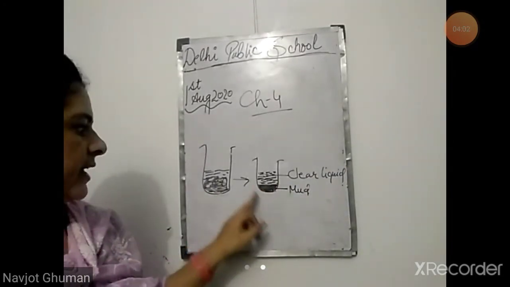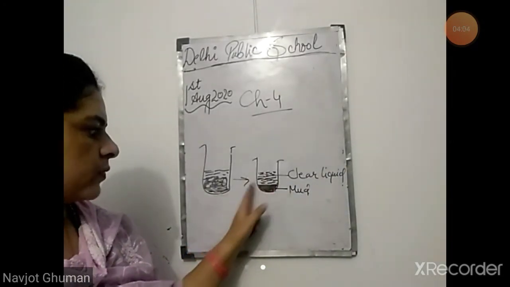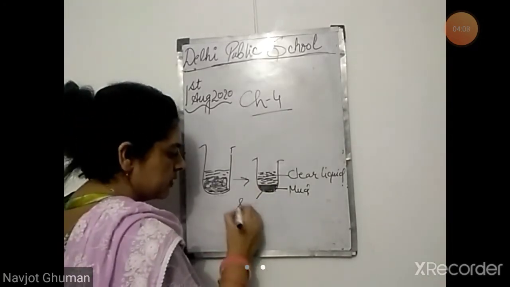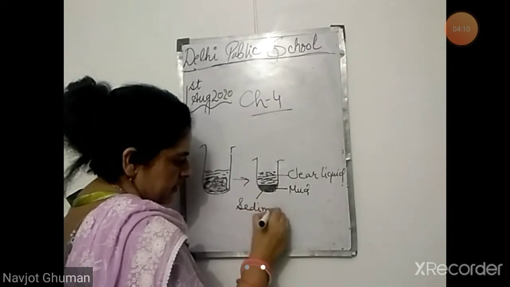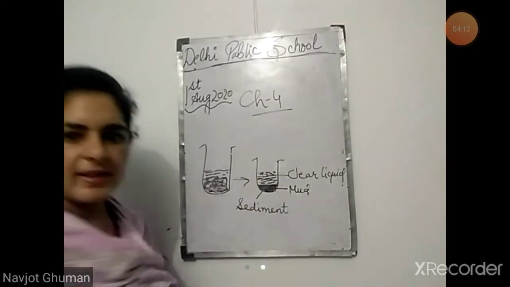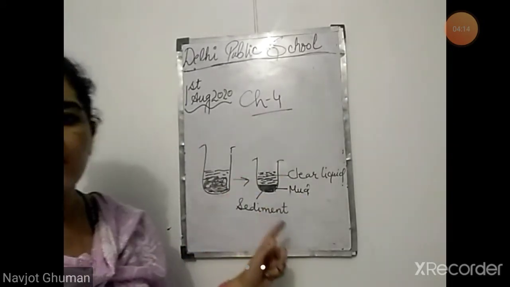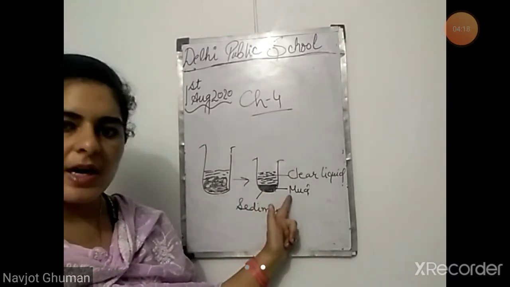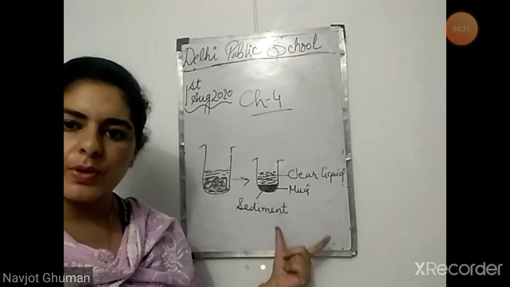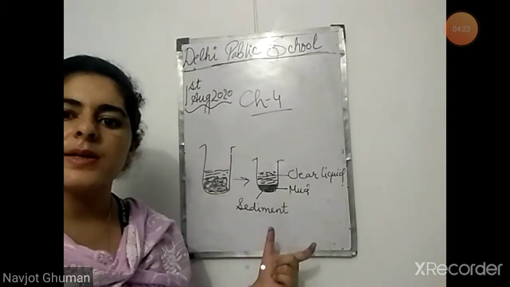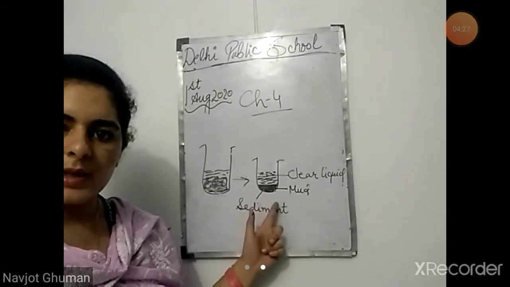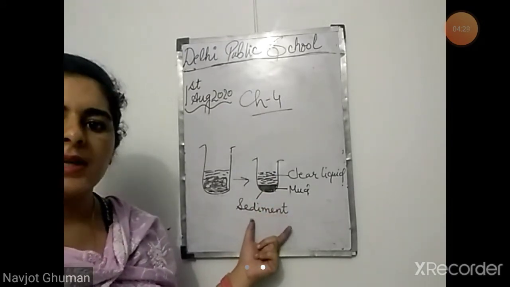This heap of mud that is formed at the bottom is called sediment. And this process is called sedimentation. The process in which the insoluble substance settles down at the bottom is called sedimentation, and the heap that is formed over here is called the sediment.